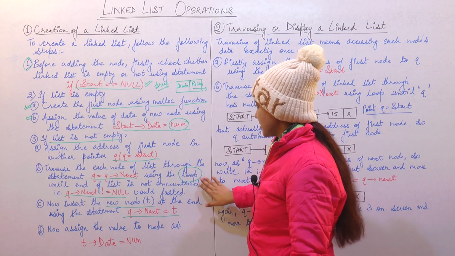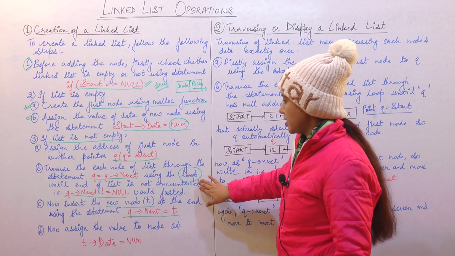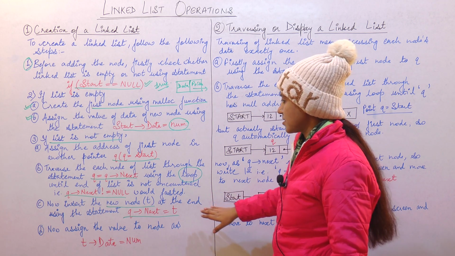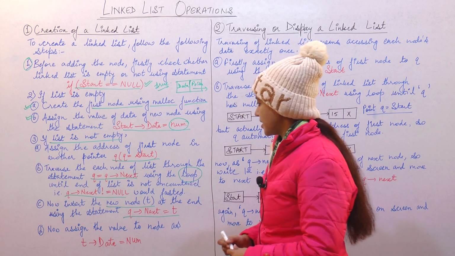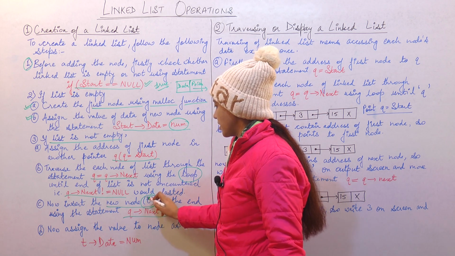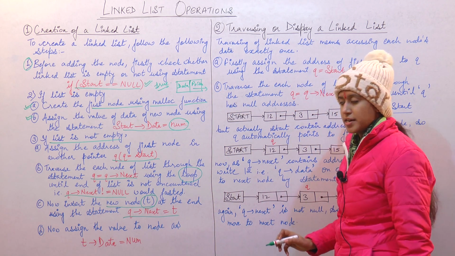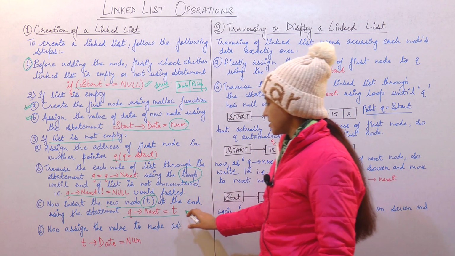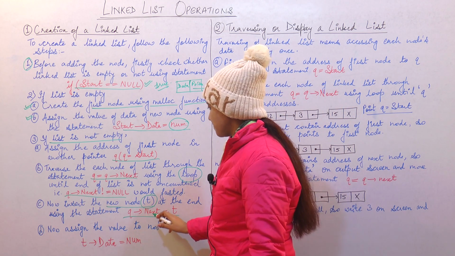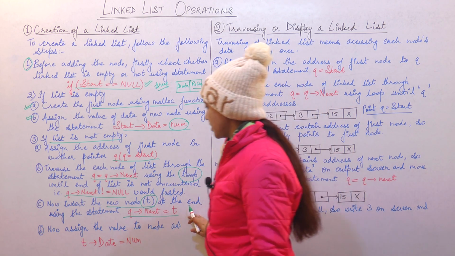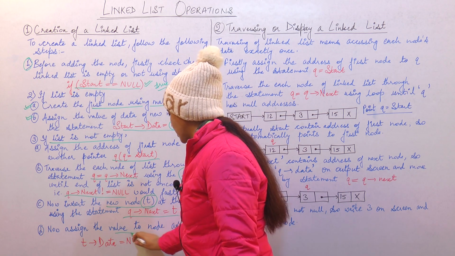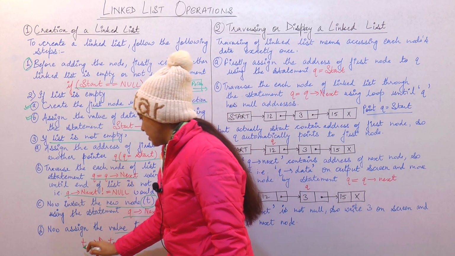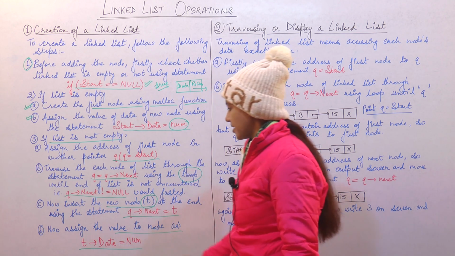After applying the condition of traversing each node till the last node of the linked list, we insert the new node t, denoted by t, at the end of the linked list using q->next = t. After inserting the new node t, we will assign the value to that newly added node by using the statement t->data = num.